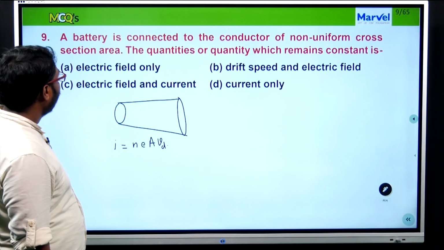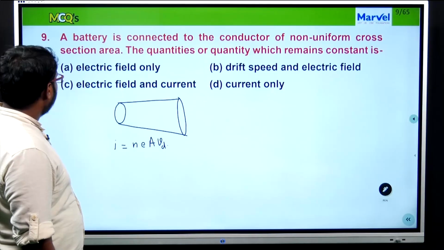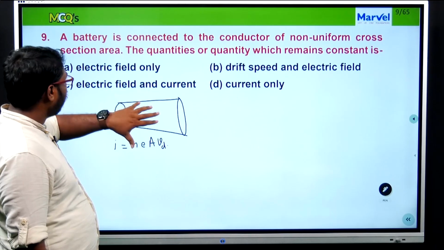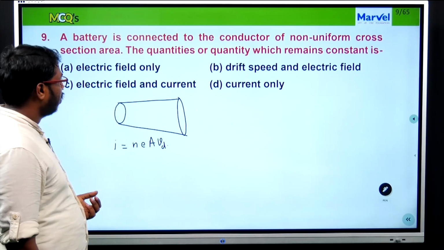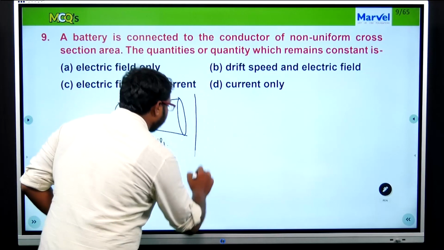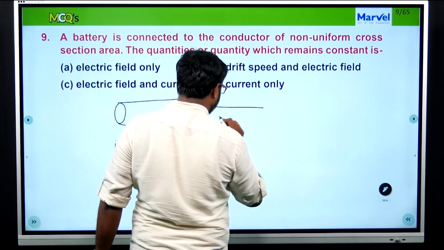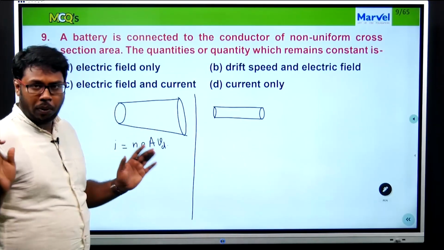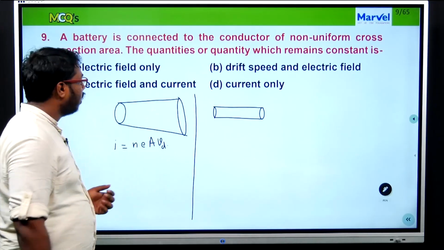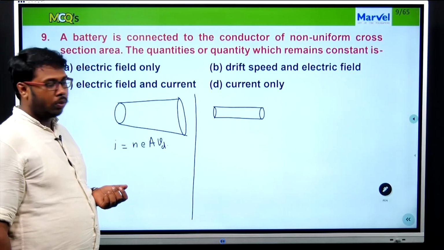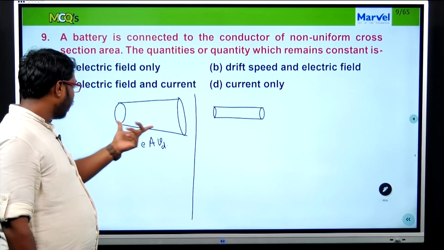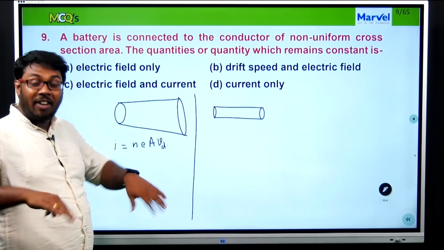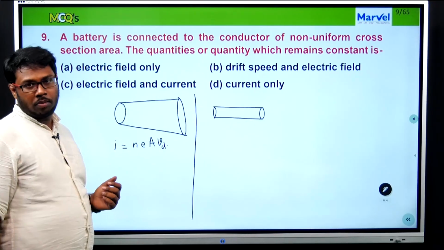Now what happens is, when you connect two conductors of non-uniform cross-section area, which means assume that the conductors are like this. Most of the people will think that this is the diagram, but no. If this is going to be the diagram, what is the current flowing through this? I have to individually calculate that.